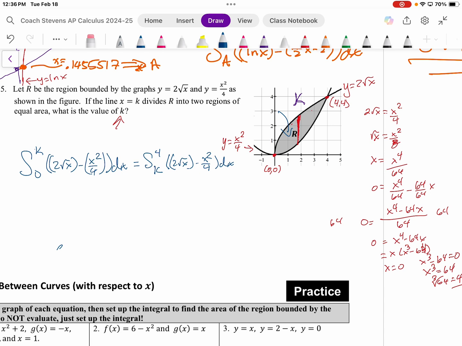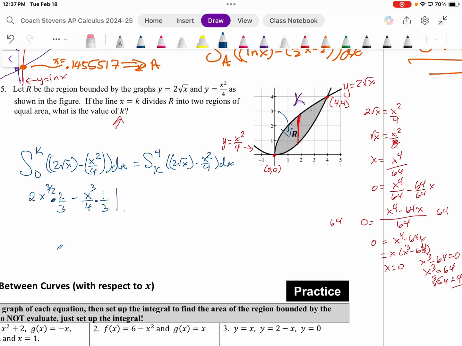All right, and then now we would go through and integrate. So that would be 2 times x to the 3 halves times 2 thirds, minus x to the 3rd over 4 times 1 over 3, because you have to do 4 times 3 in the bottom.